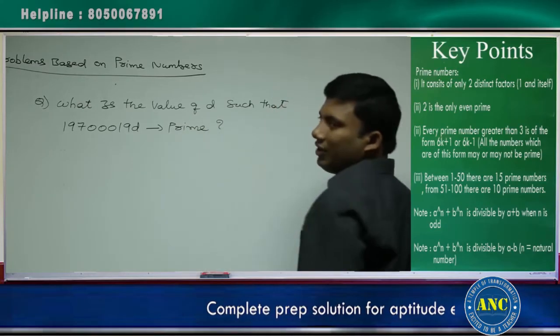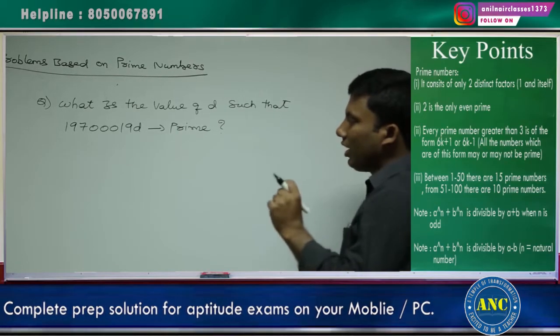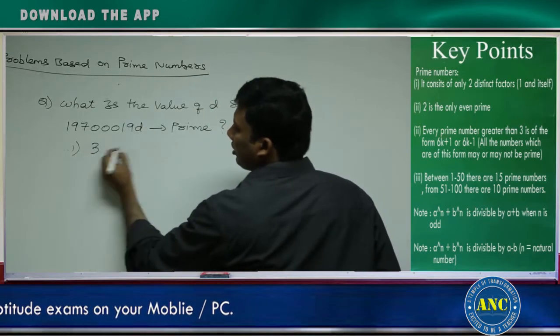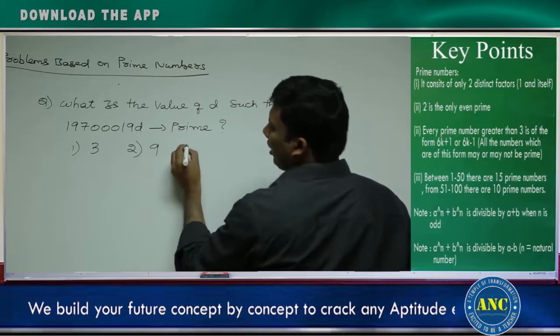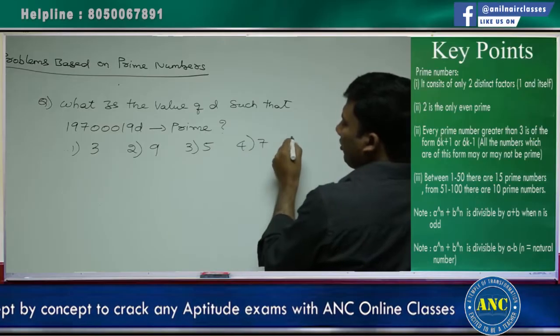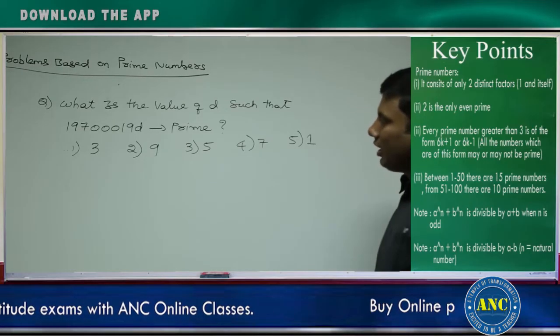The options are: first option 3, second option 9, third option 5, fourth option 7, fifth option 1. This is a replica of a CAT question.